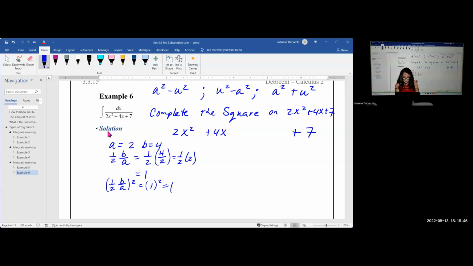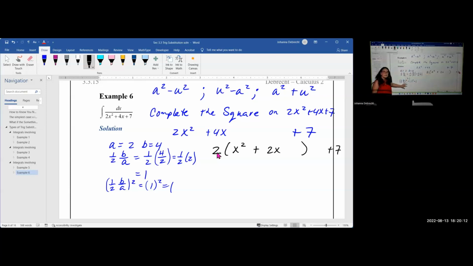So I'm going to switch colors here so that you can compare and contrast. I'm going to take the 2 off the 2x squared and the 4x to give me x squared plus 2x. And my plus 7 is shoved over out of the way, all right? So I factor off the leading coefficient, which gives me a 2.